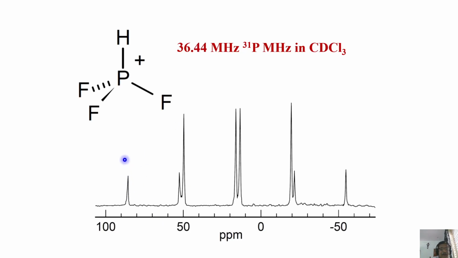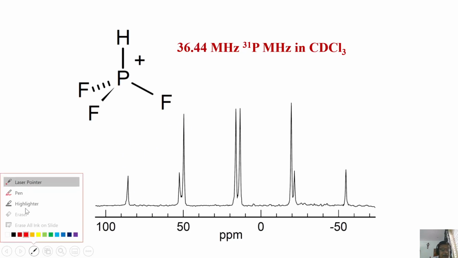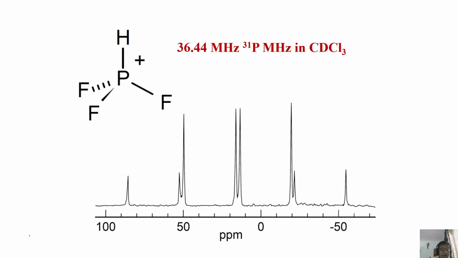Okay, in principle, take any of the P, measure with respect to this. I can consider, for example, I will take a highlighter and I'll show you this peak, this peak, this peak, and this peak forms one quartet.